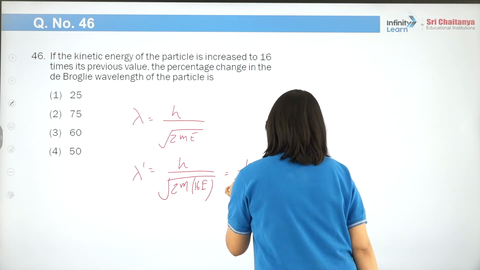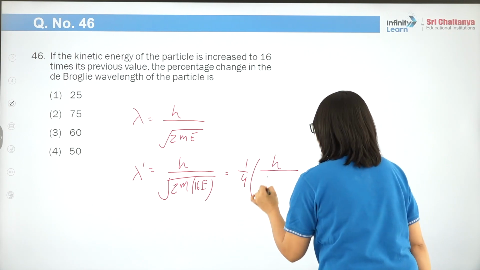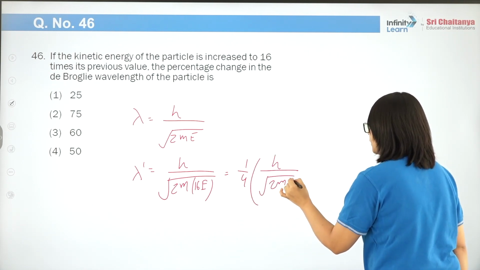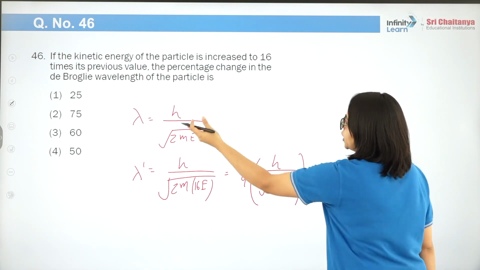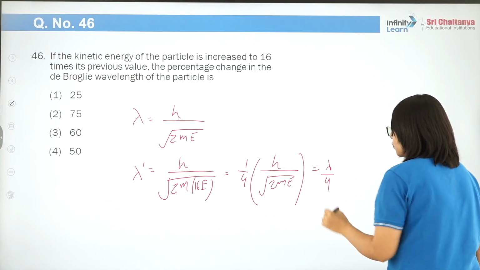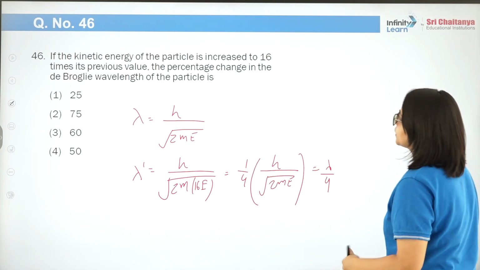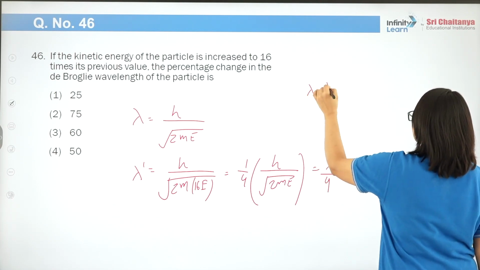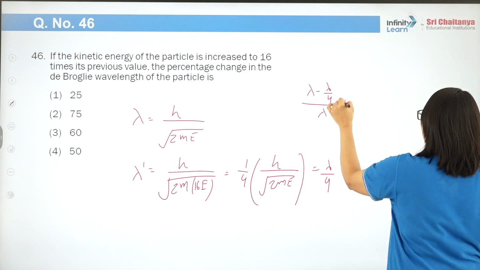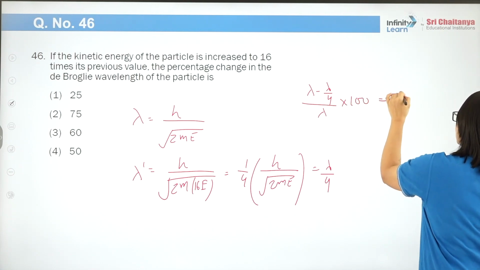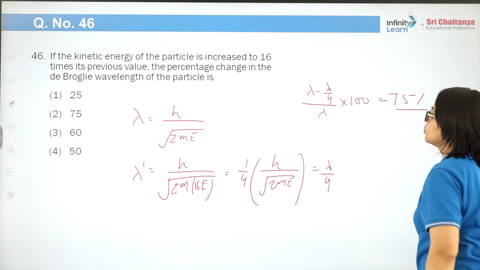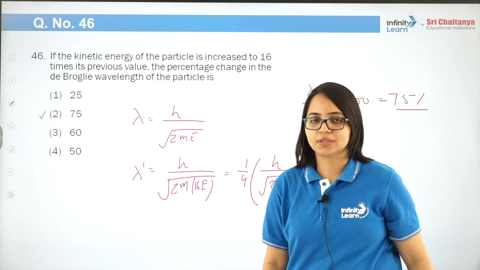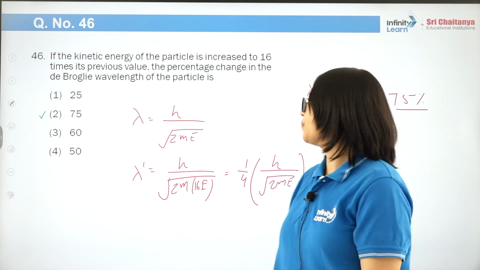So this will be 1/4 times h upon under root 2 mE, which is equal to lambda only. So lambda upon 4 is the new lambda dash. So percentage change over here will be lambda minus lambda by 4 divided by lambda into 100, which is equal to 75%. So percentage change is equal to 75%, which is option 2.